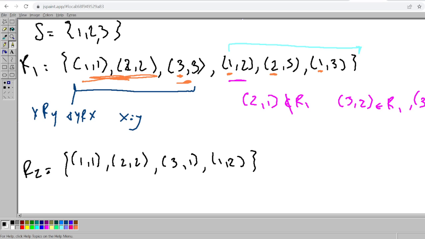So why is it any of those? It's not reflexive. I'll choose green. It's not reflexive because x equals 3 is an element of an xy, which is in R2. 3, 3 is not an element in R2. So it's not reflexive.